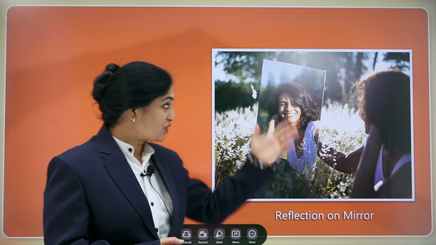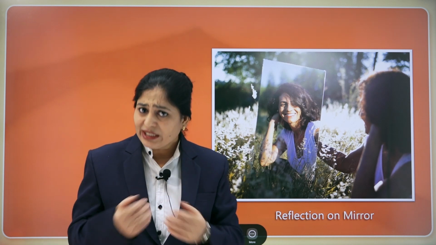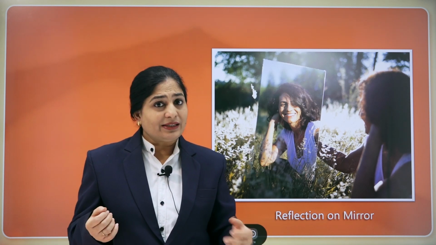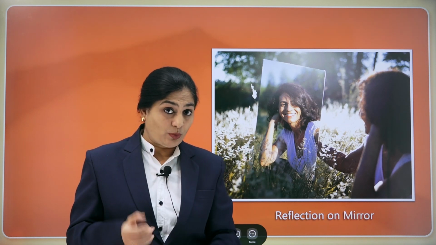So what is a mirror basically? A mirror is glass that is coated on the back side with a shiny substance; generally we polish it with silver salts. We take silver and polish the other side of the glass and it becomes a shiny surface. It is so shiny that when light falls on the mirror, it reflects, and once the complete reflection of light takes place, we can see our image in the mirror.